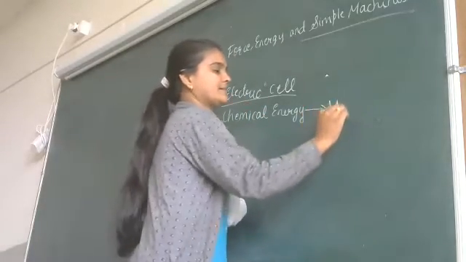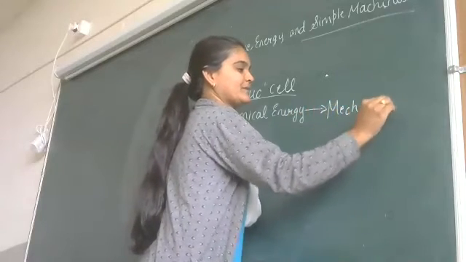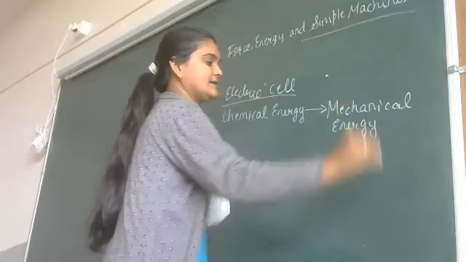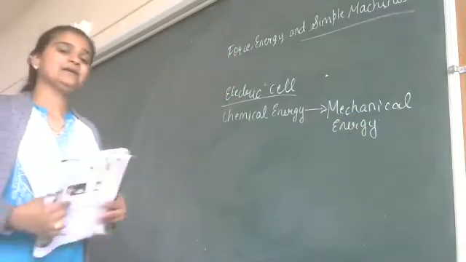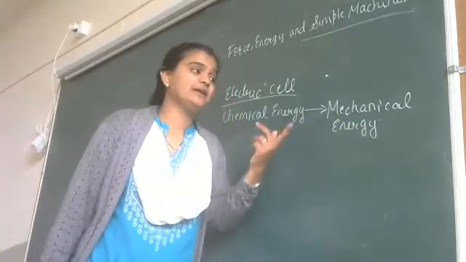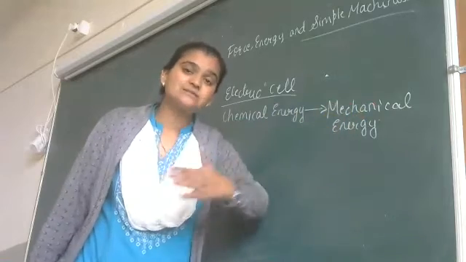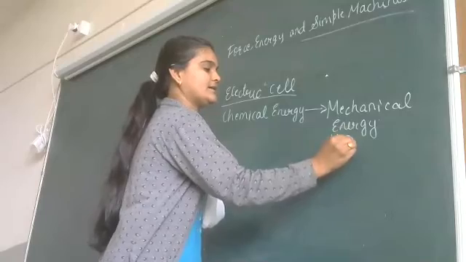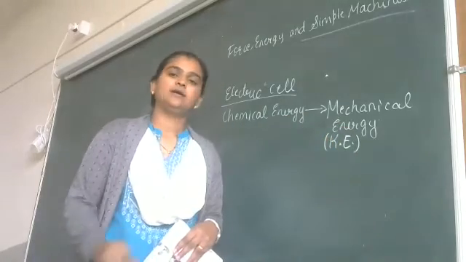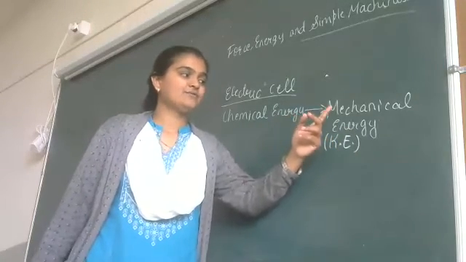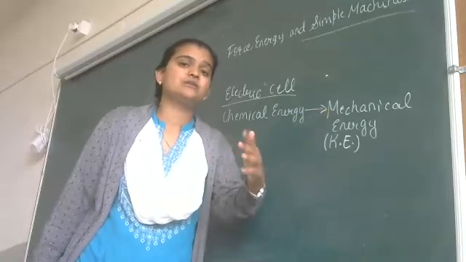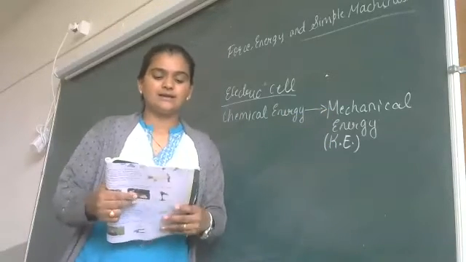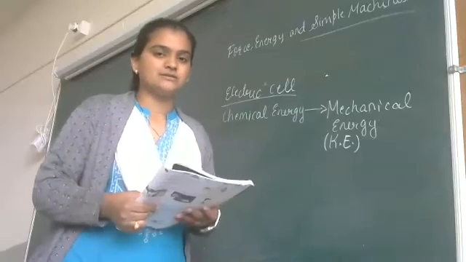Chemical energy is being transformed into mechanical energy. When it is moving, due to its motion, we call it kinetic energy. And when it is stored, we call it potential energy.